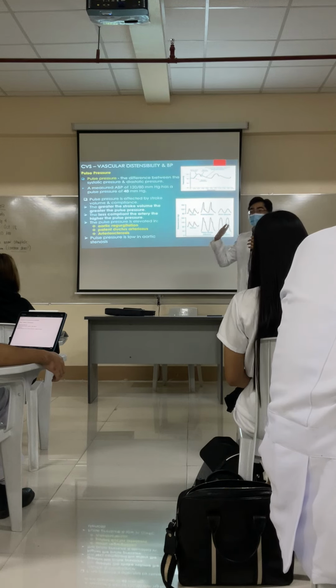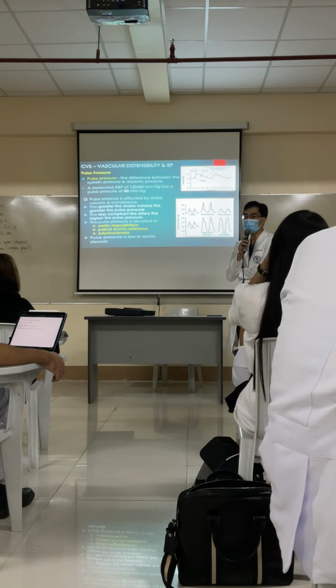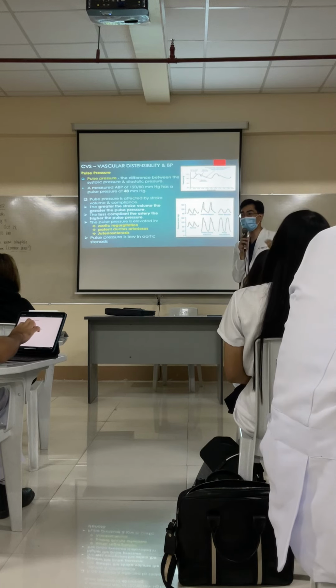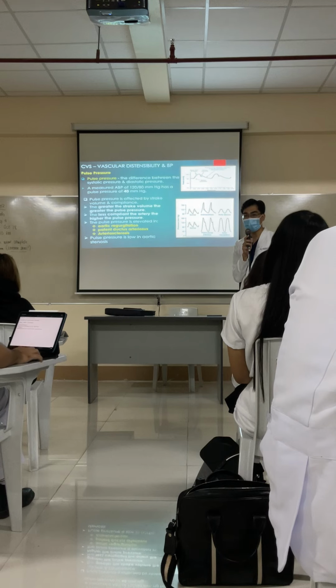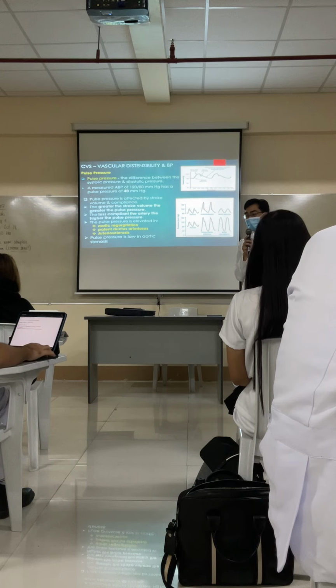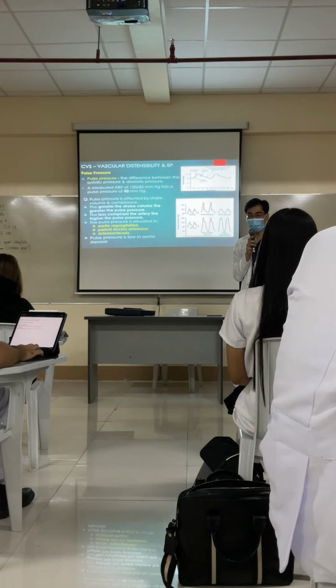Pero kung hindi siya compliant, pag taas ng volume, hindi siya nag-distend. So what will happen to the pressure? Parang kanina yung picture, it will remain at 12 millimeters mercury. Hindi niya ibababa down to 8 or 9 millimeters mercury. Okay ba tayo doon?